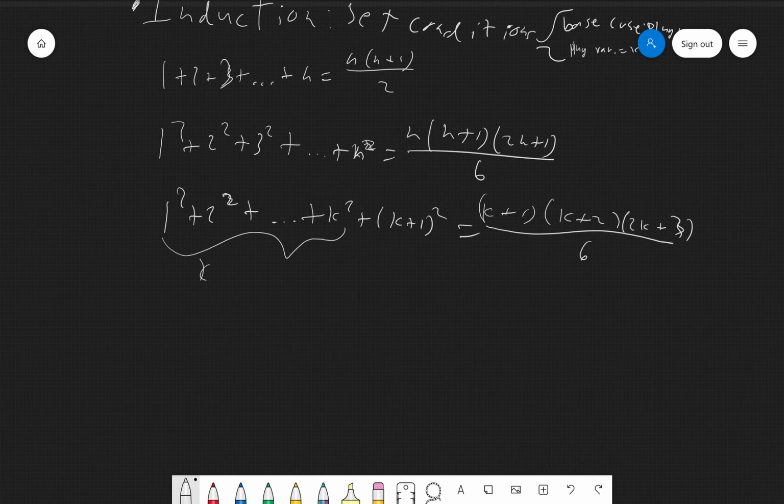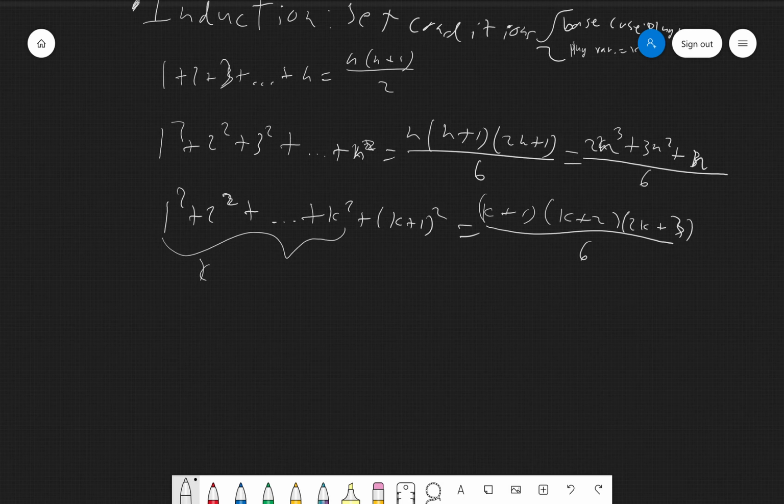So notice that when we expand this, you get 2n cubed plus 3n squared plus n over 6.